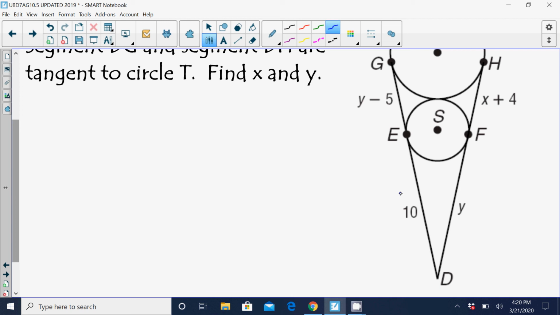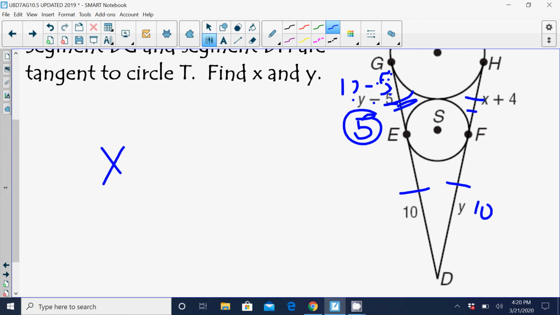So I think we can assume that 10 is going to be congruent to Y. Once I know my Y value, I can plug it in up here and say that this segment is 10 minus 5, which is going to be 5 for the length of this segment. And if this segment is 5, then over here should be as well. So I'm just going to say x plus 4 is equal to 5, and we're going to find our x value to be 1.